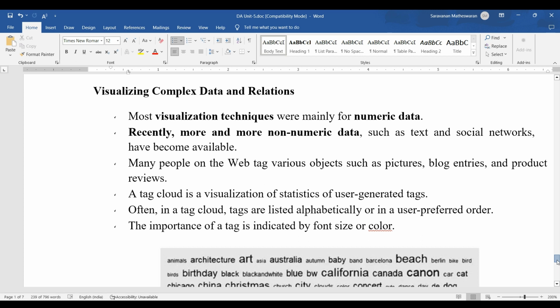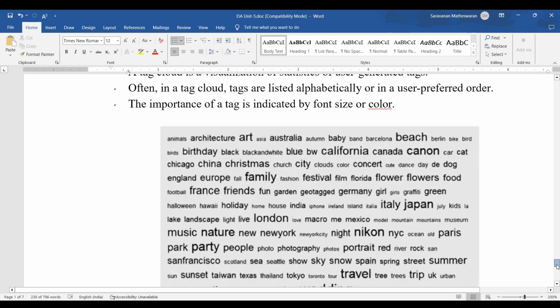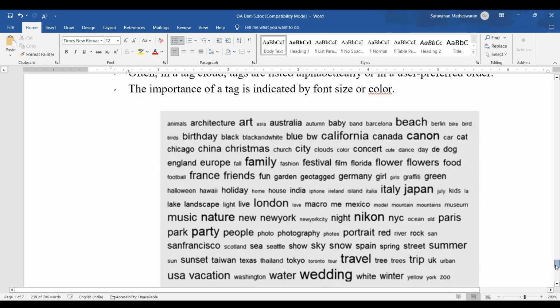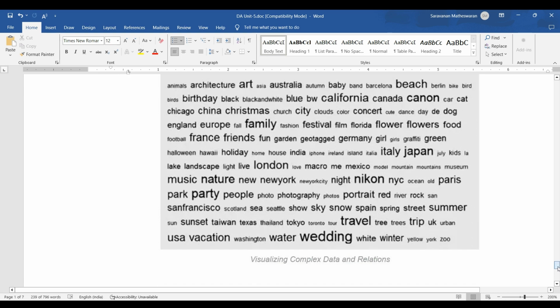The tag cloud is a visualization of the statistics of user-generated tags. In a tag cloud, tags are listed in alphabetic order or user-preferred order. The importance of a tag is indicated by font size and colors. You can see here that different kinds of text are given; familiar text is given a big font size, and unfamiliar text is given a small size. According to familiarity, they give a big or small size. They consider these complex data sets.